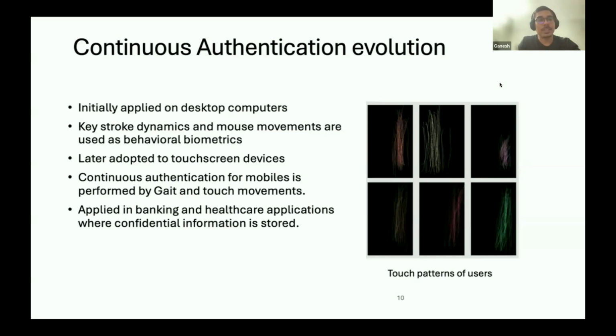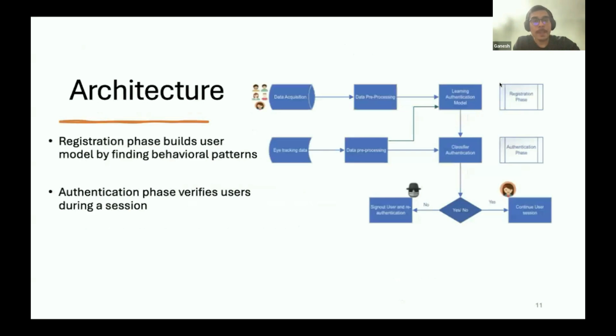When the user is stationary, we cannot collect behavioral biometrics. But in the case of VR, eye movement is very easy to collect because the user is continuously moving their eyes. For VR, it's a very good application to collect eye tracking and use it for continuous authentication.